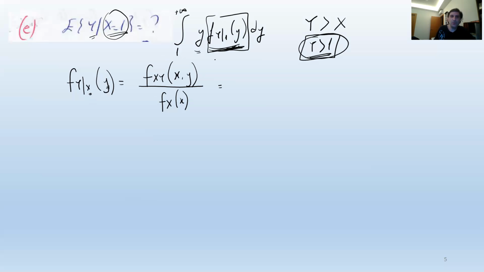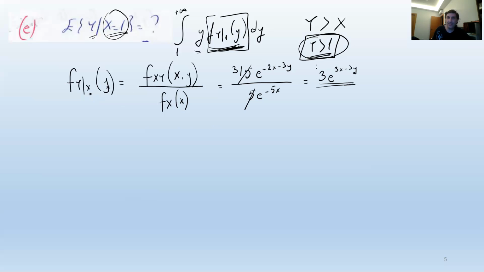Now, this one is the joint probability density function, which we have already found as exponential minus 2x minus 3y, divided by the marginal probability density function for x, which we have found in part C, I guess, exponential minus 5x. And let's go one step further. If you subtract, well, this is going to be 0 when you subtract exponential minus 2x from minus 5x. It's going to be 3 times exponential 3x minus 3y.